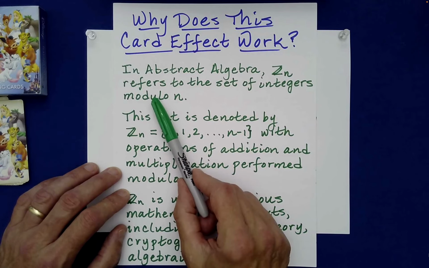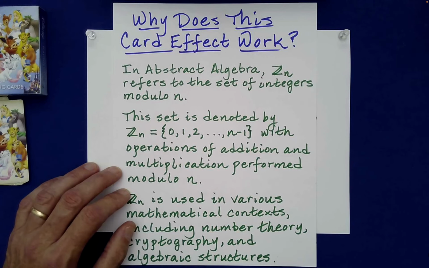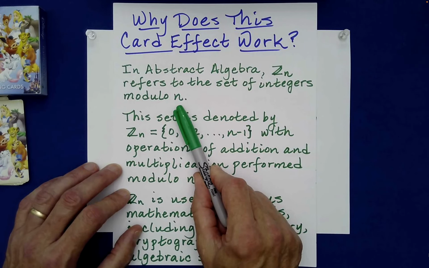Now what that means is modulo n, so like the integers modulo 3 would consist of the numbers 0, 1, and 2. Because the way that you use modular arithmetic is you divide the given integer by the value you've selected for n, so here it's 3.